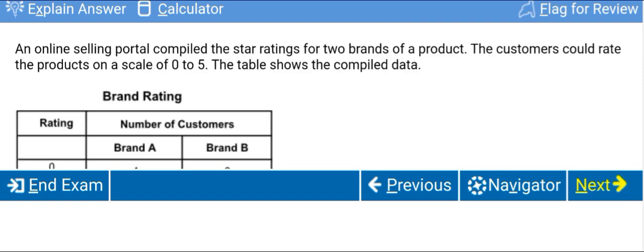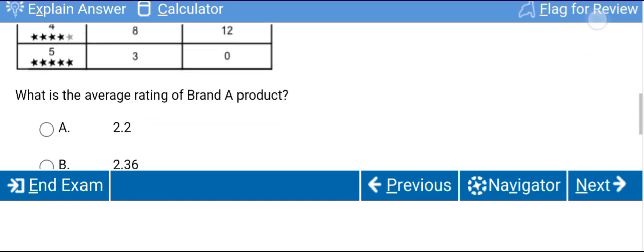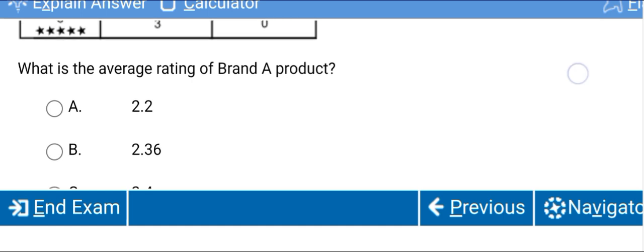Next again we have the same statement with the same chart table given. So what is the average rating of brand A product?